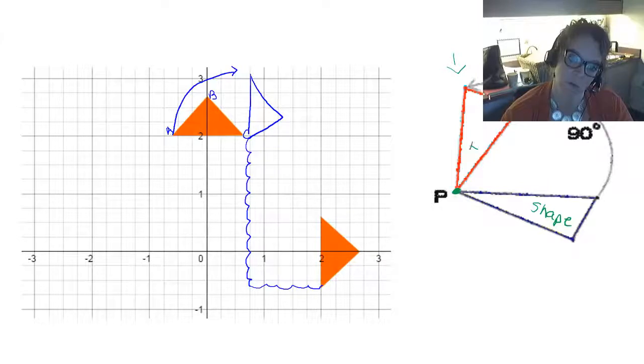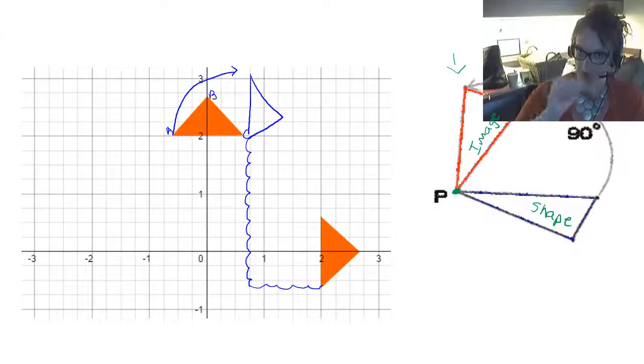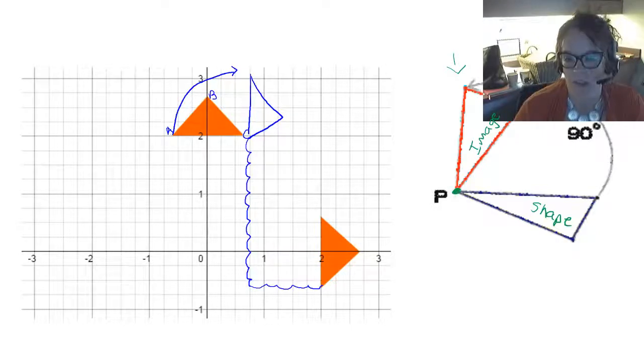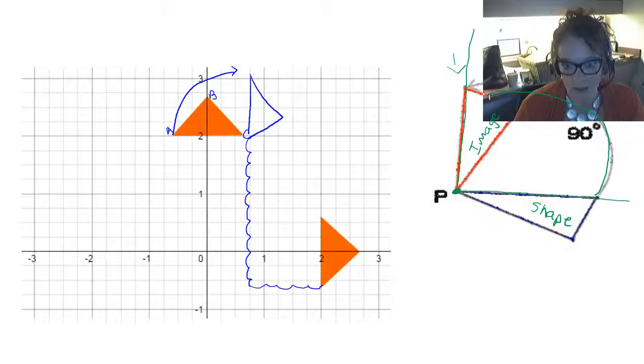Let's see how my printing is on an angle. Nailed it. All right. So you see the gray arrow, it's going counterclockwise. So you can see that they started here and they went all the way around to there. And they said that was 90 degrees because if you took this line and this line, you can see that's a nice square corner, if I can draw.